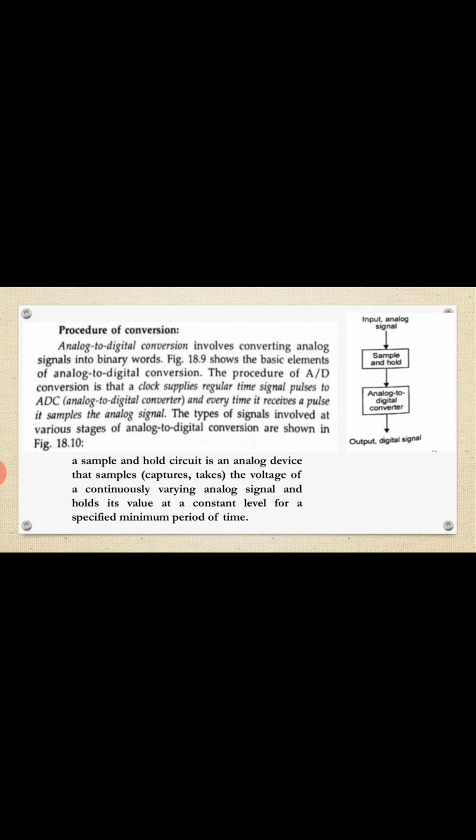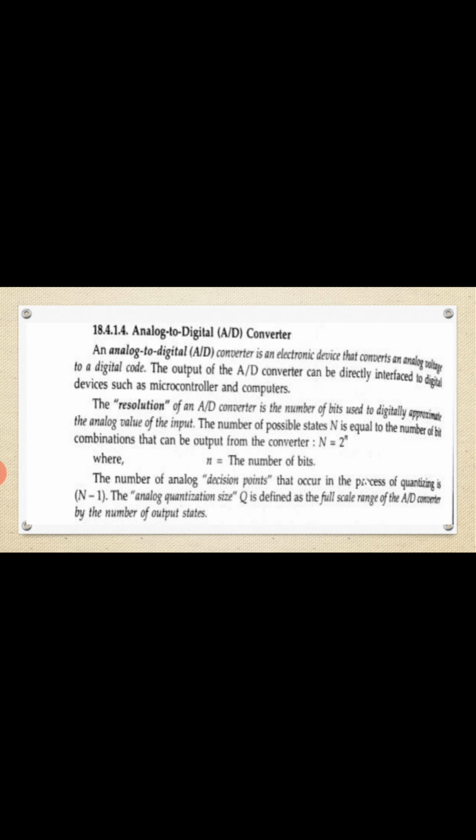The resolution I have already discussed earlier. Resolution of a converter is the number of bits used to digitally approximate the analog value of the input. I repeat, for an analog to digital converter, it is the number of bits used to digitally approximate the analog value of the input.